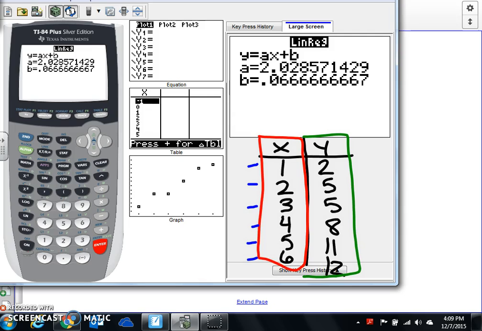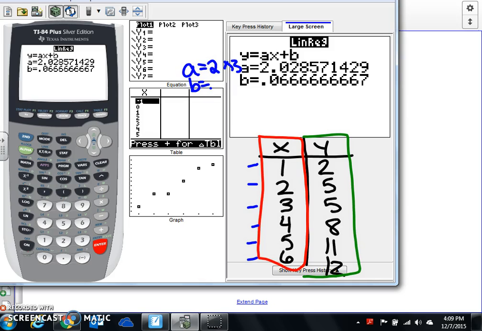All right. This is the only time in algebra that you're allowed to have decimals. Yes, I said it. This is the only time that you're allowed to have decimals. So it's telling me that my A, if I round this off, is 2.03, and my B is 0.06, actually, sorry, 0.07.